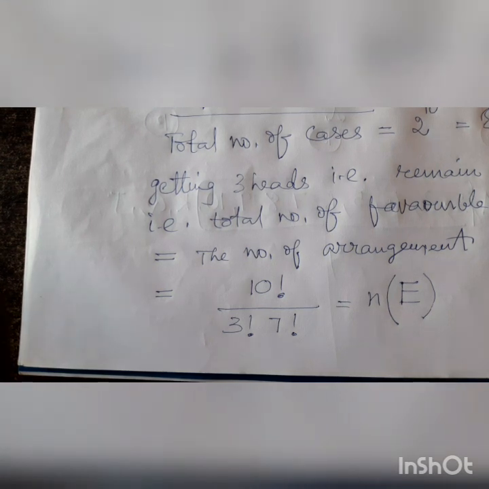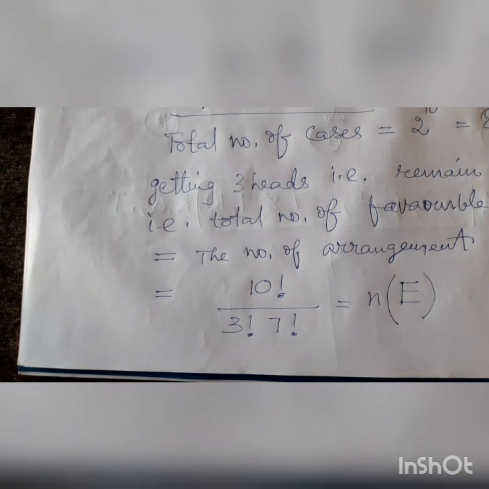In one basket, 5 mangoes, 3 oranges and 4 apples. Total how many fruits are there in the basket? 5, 3, 8, 4, 12 fruits. So how do we arrange 12 fruits? 12 factorial by 5 factorial into 3 factorial into 4 factorial. Remember this.